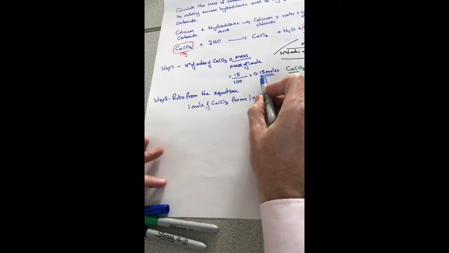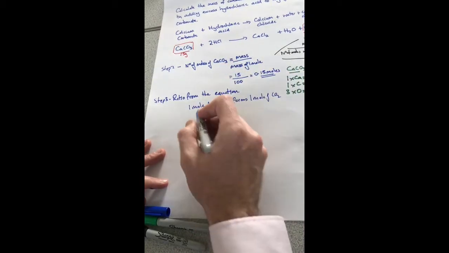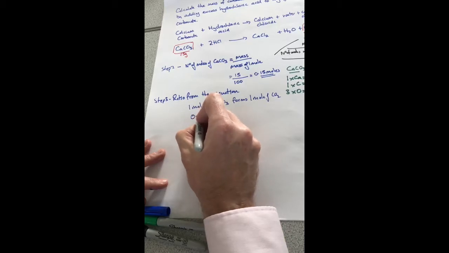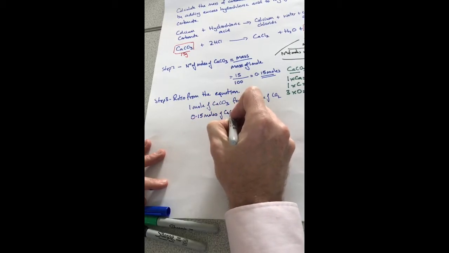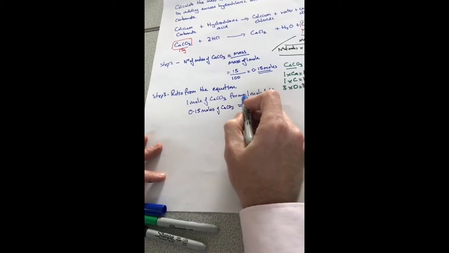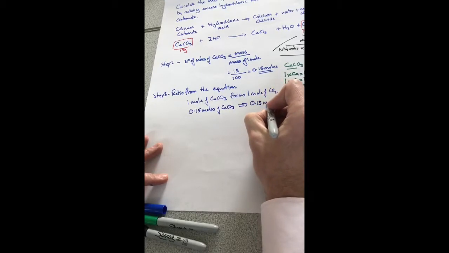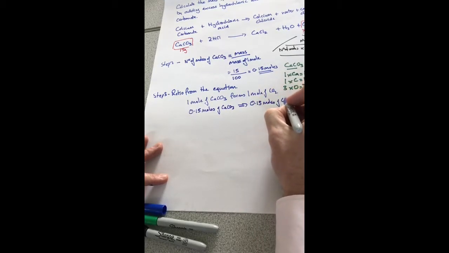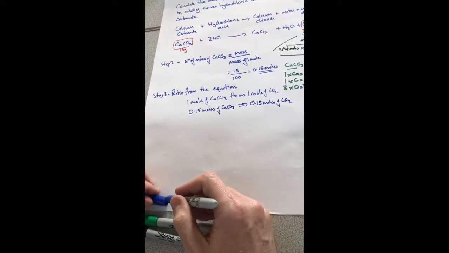From what I've done here, I've only got 0.15 moles of calcium carbonate. And because it's a 1-to-1 ratio, that's going to be exactly the same number of moles of CO2. So it's a 1-to-1 ratio, so the moles are the same.